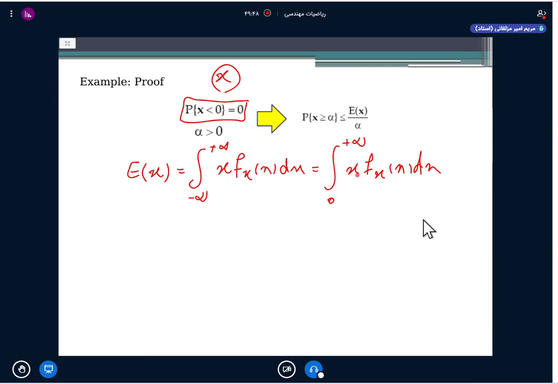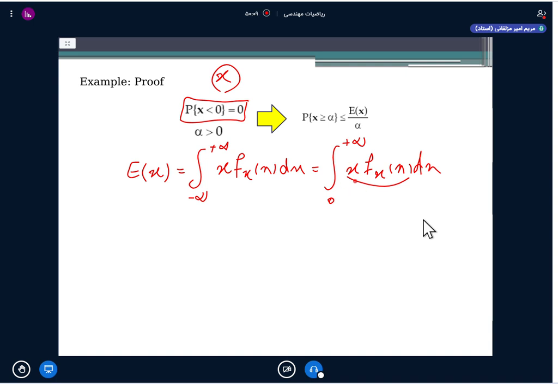Please pay attention that here we want to compute the integral of x times f(x) from 0 to positive infinity. x times f(x) is positive for all x in this interval.